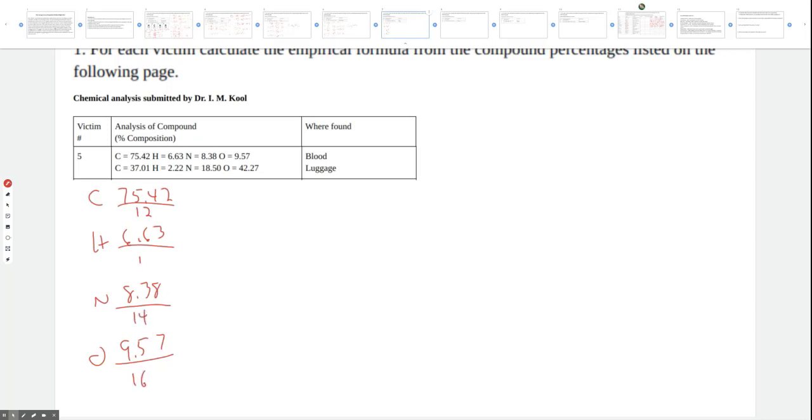Molar masses, and we get 6.285, 6.63, 0.599, and 0.599. Now this will happen sometimes. You have more than one of the smallest one. That's okay. Just divide everything by that. So we're actually dividing two things by themselves since they match.